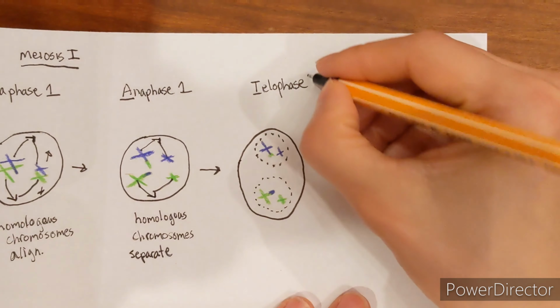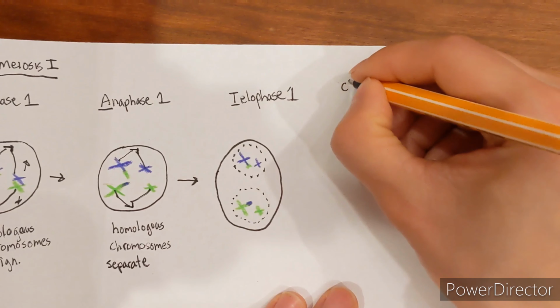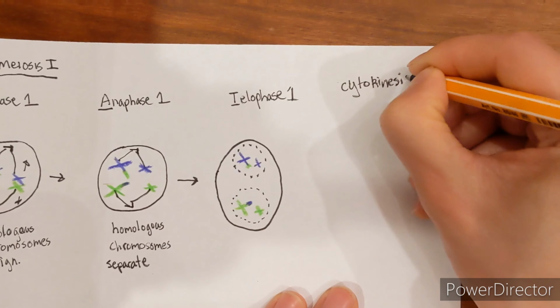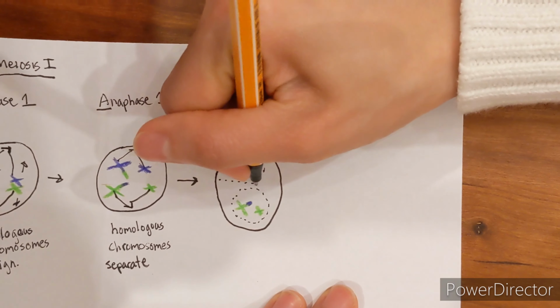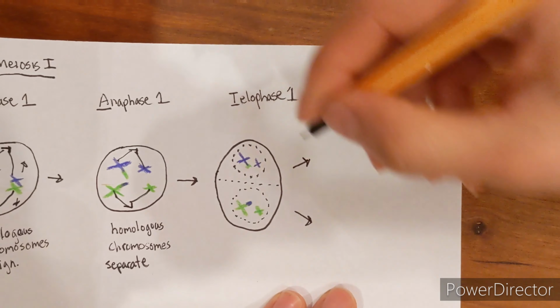Last but not least, after telophase 1, we've got to go through cytokinesis 1. I'm going to have my cleavage furrow pinch my cell together, and I'll form my two daughter cells for meiosis 1.